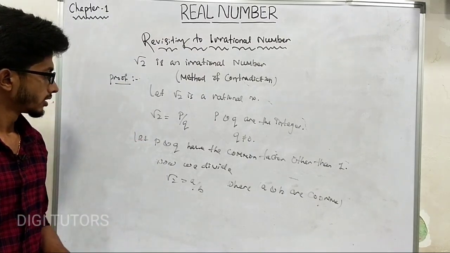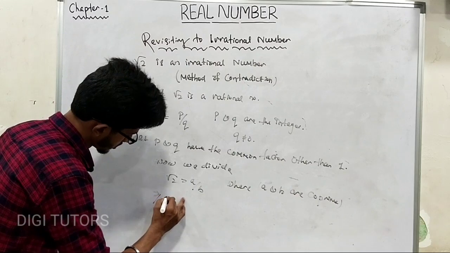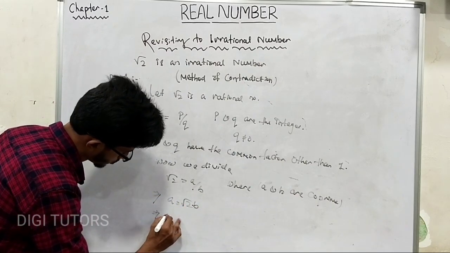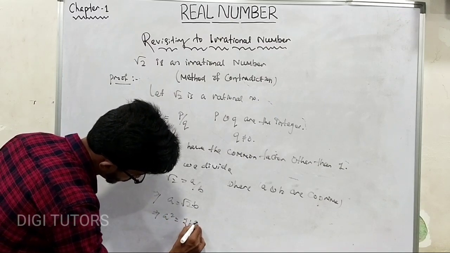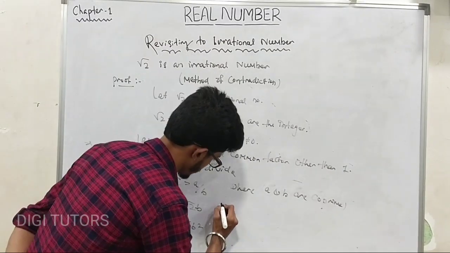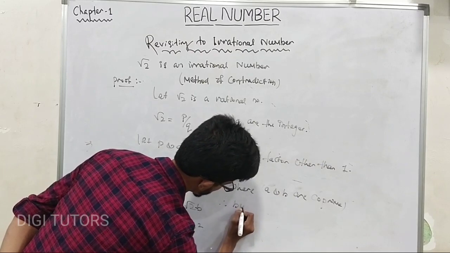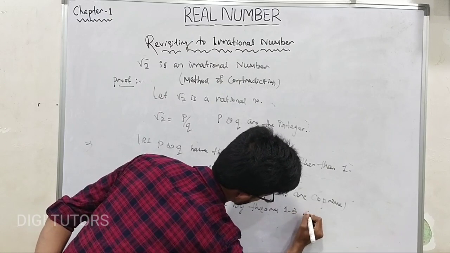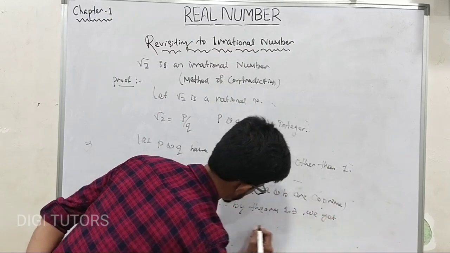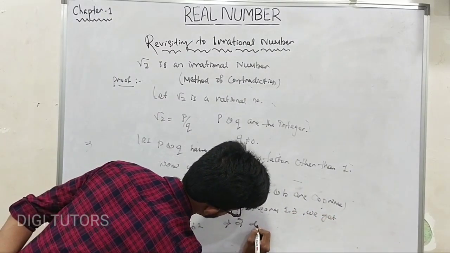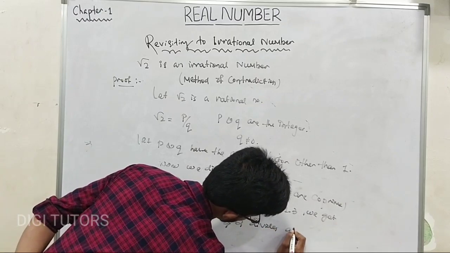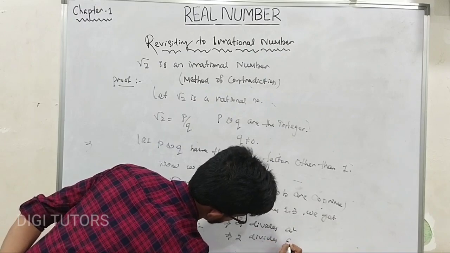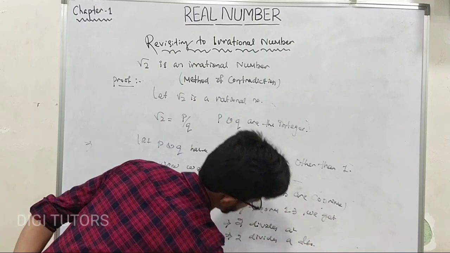Then a equals root 2 b. By squaring we get a square equals 2 b square. Therefore, by Theorem 1.3, 2 divides a square and 2 divides a also.